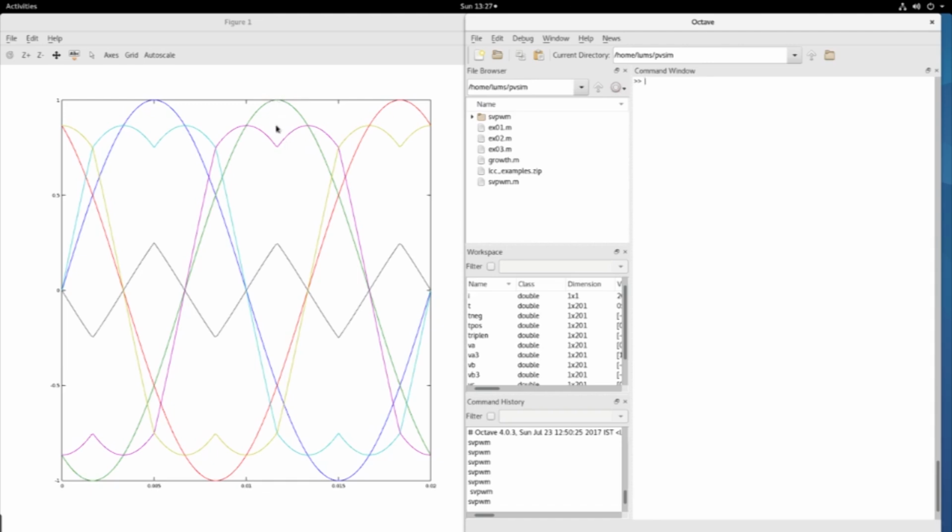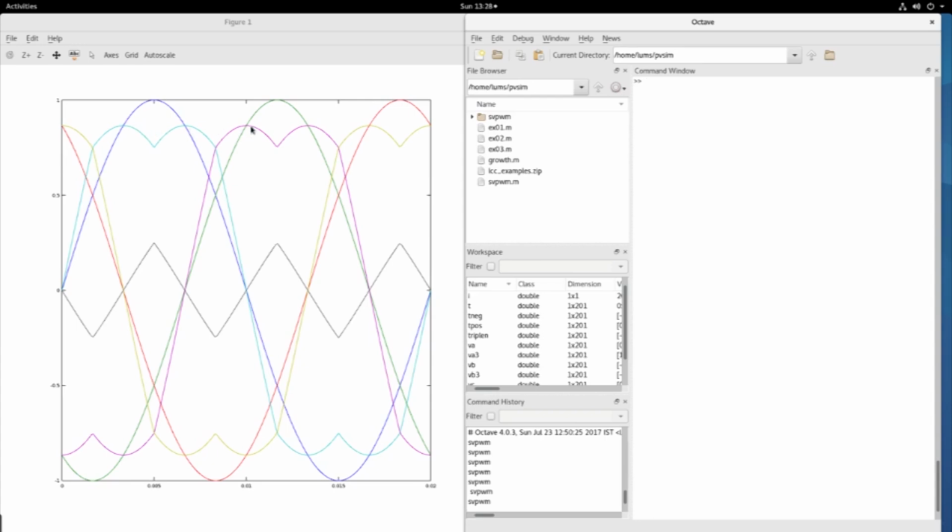The top is flattened out, and the modulation level has come down. So for a fundamental of 1 unit, the modulation required with the triplen-injected modulating wave is much lower, let's say 0.86.